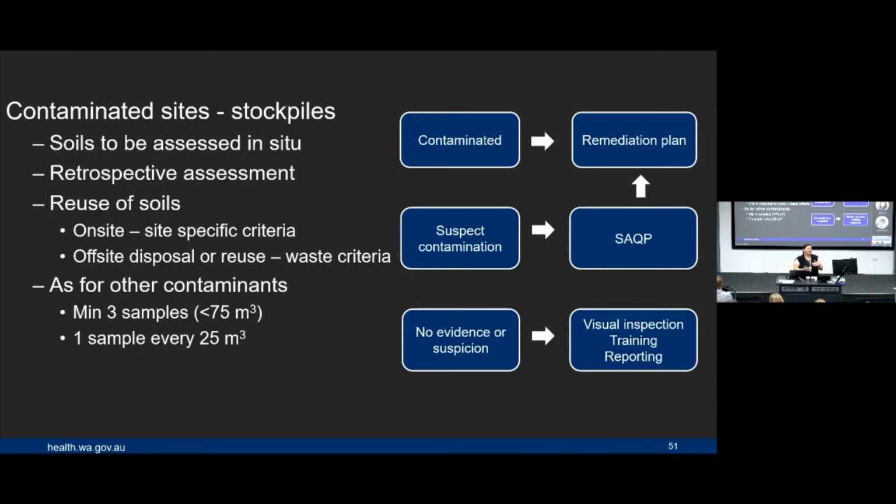What we would hope to see is for any sort of cut and fill work, any development work, any construction work, that all people on site are trained with basic asbestos awareness, that they would know asbestos roughly if they were to see it as part of their training and induction, and that if they see anything, they report it. And then depending on what's reported and what you find, you would be going up to one of the other steps, suspect contaminated or not. So that's how we would envision that working in a pragmatic, practical sense.